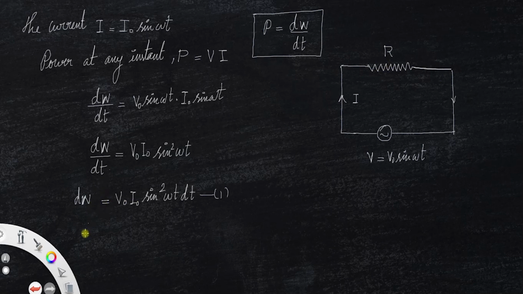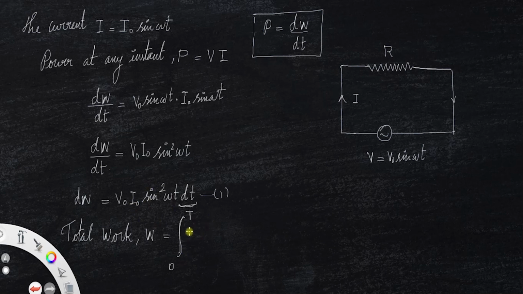So in order to get the total work, let's represent the total work as W. What you need to do is integrate this value from 0 to T, where T stands for the total time, that is the period, one complete cycle of AC.